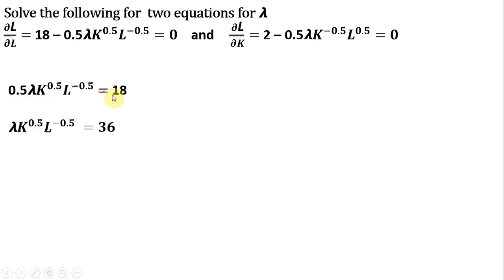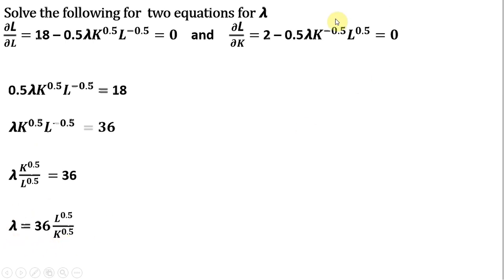Dividing through by 0.5, we now get 36 on the right-hand side. Next step, following the rules of exponents, this L to the minus 0.5 can be moved into the denominator. And then we can multiply through by L to the 0.5 divided by K to the 0.5. Multiply both sides through by basically this reciprocal here, and you get this result.